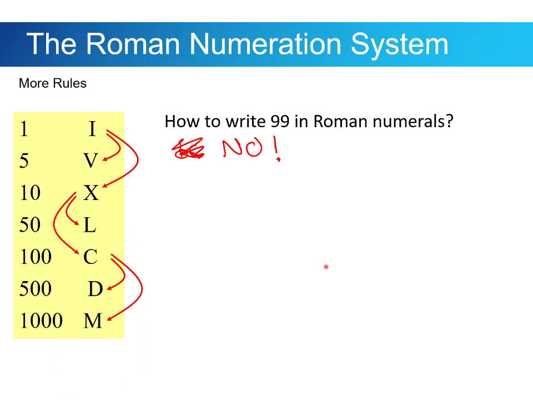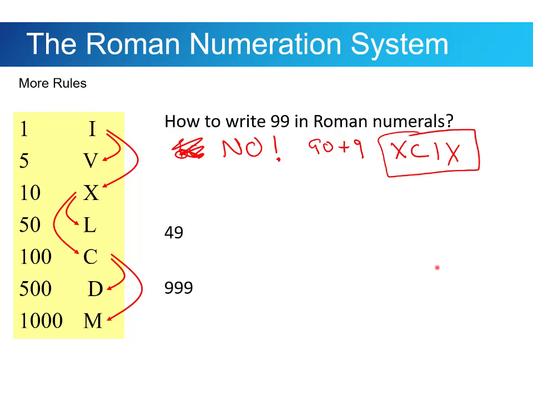What we have to do is really write this as 90 plus 9. And so the 90 then becomes XC, and the 9 is IX. So that's how we would write 99 in Roman numerals. How about 49, 999? Like 49, wouldn't it be nice if I could just write IL? But no, don't do that.